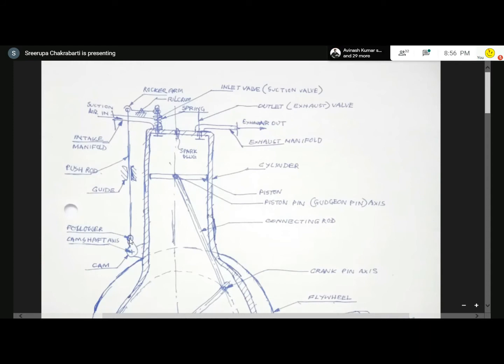The cam is rotating, the camshaft is rotating. Because of its rotation, when the radial distance from the axis of rotation of the cam to the surface of the cam increases gradually, the follower moves up.